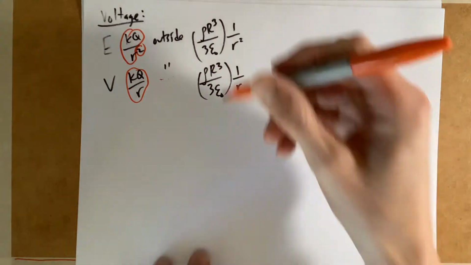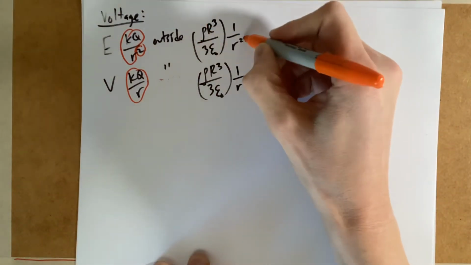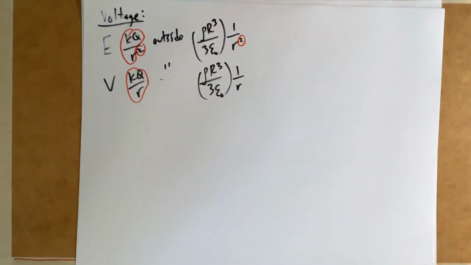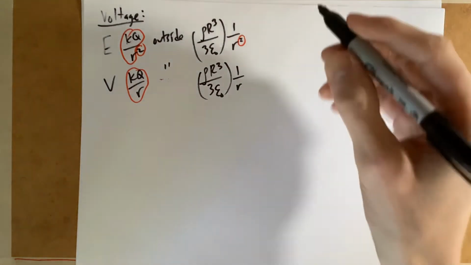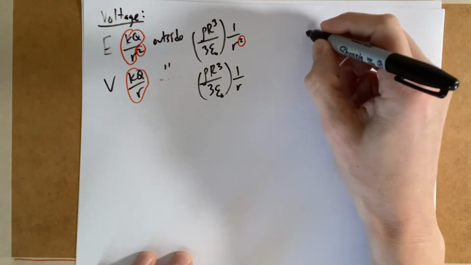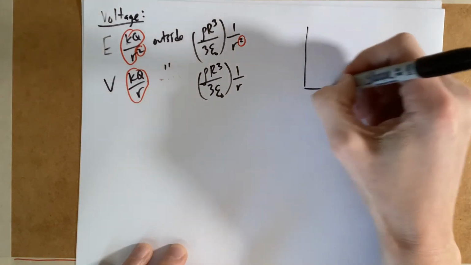I can safely conclude all this other part must be the same. This one has a square and this one doesn't. So I'm good to go. If I wanted to sketch what the voltage looks like, I can already start doing that.